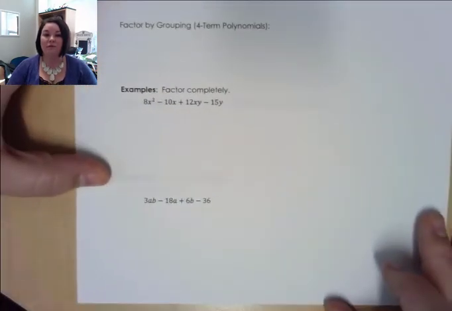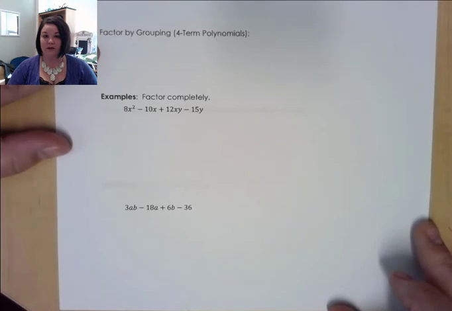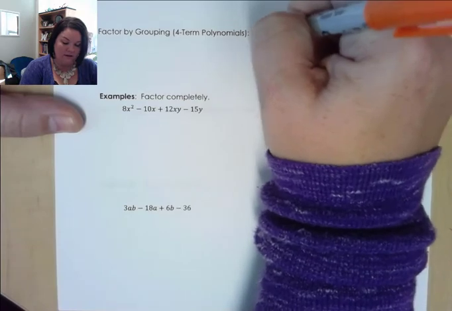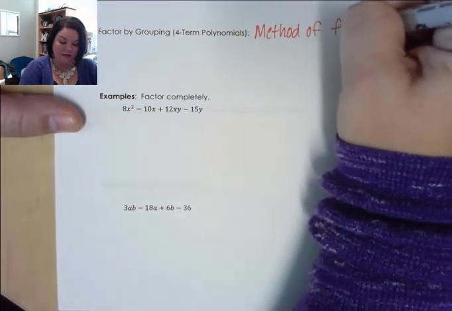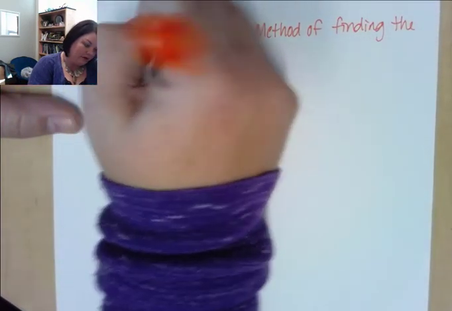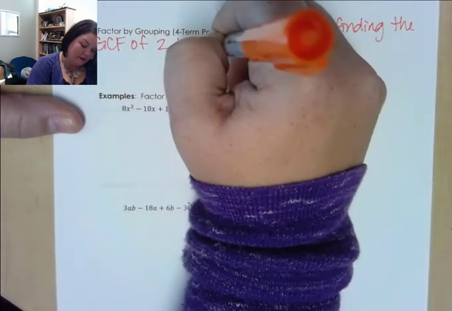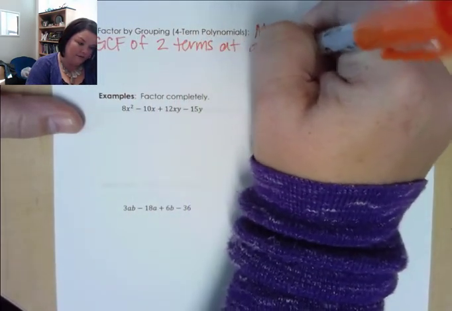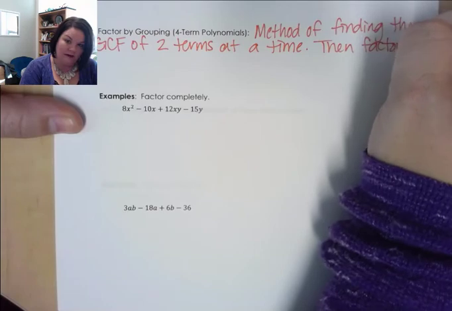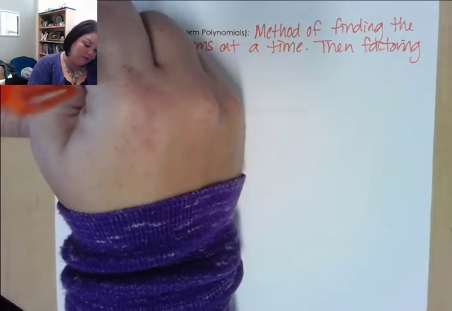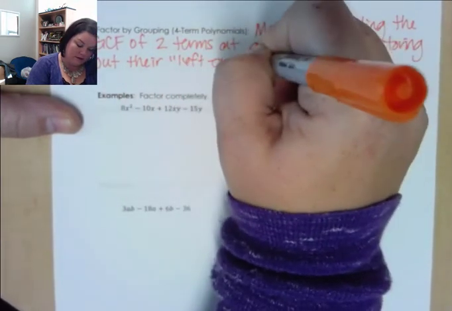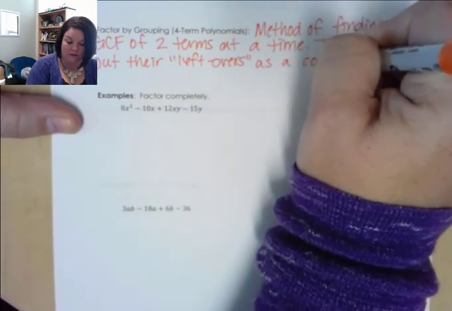If that piece has 4 terms, then we're going to use factor by grouping, okay? And factor by grouping is basically a method of finding the greatest common factor, or the GCF, of 2 terms at a time, then factoring out their leftovers as a common factor.